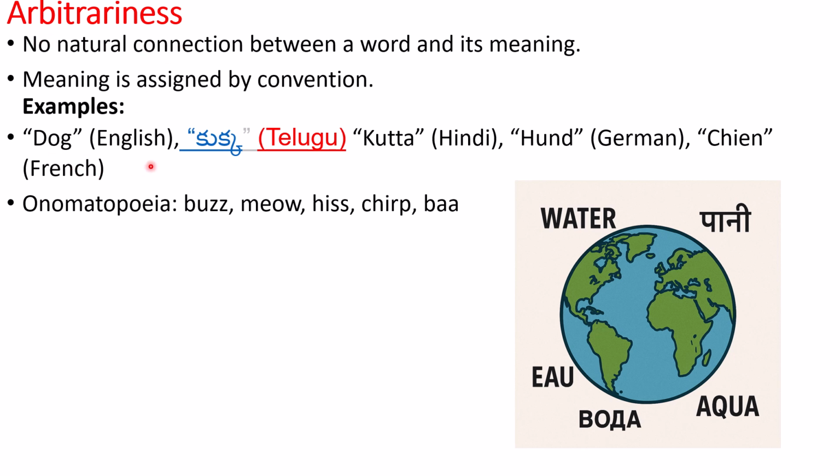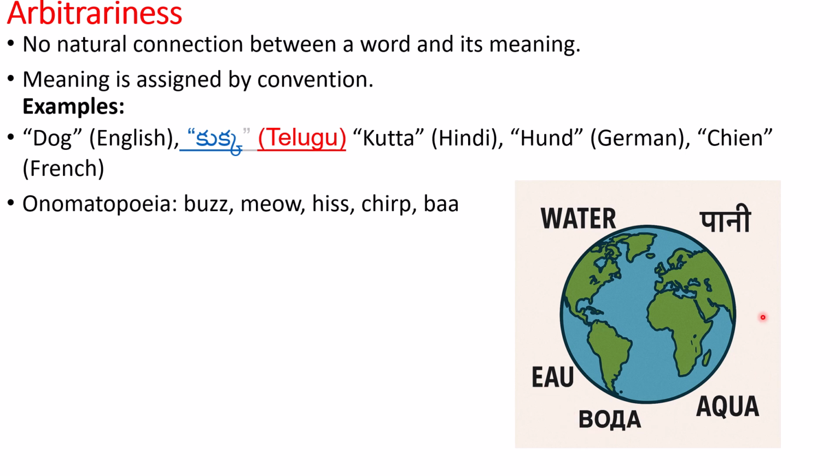Here, dog, we say in English. In Telugu, it is Kukka. In Hindi, it is Kutta. German, Hund, and French, Chien. So these are different words we use to say the animal, dog. In the same way, water is pani in Hindi, aqua in Latin.